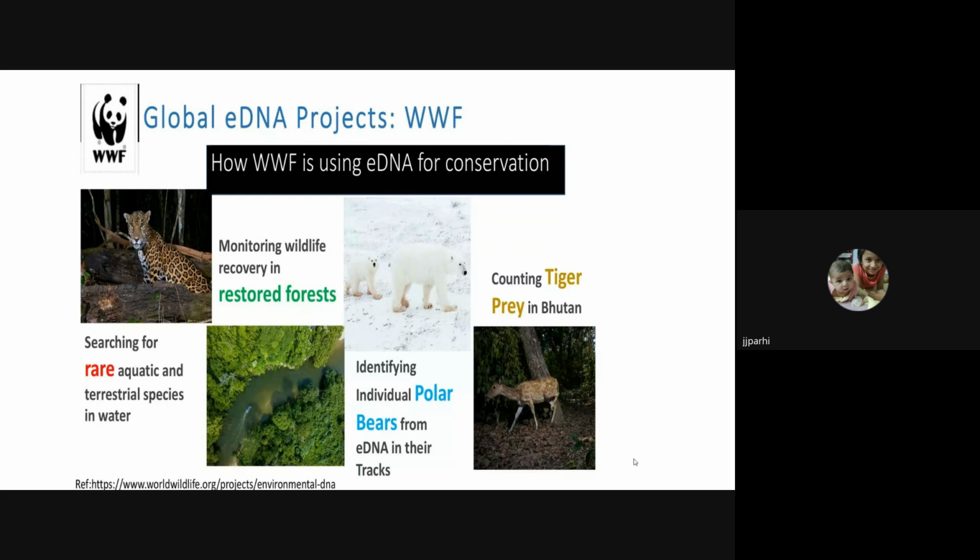Accordingly, there must be prey like deer, and this much deer should be available. So they wanted to know how much deer is available, and they used this technology to identify how many deer are present, so that the tigers are safe. It is one type of conservation mechanism for which they are using eDNA technology at a larger scale.